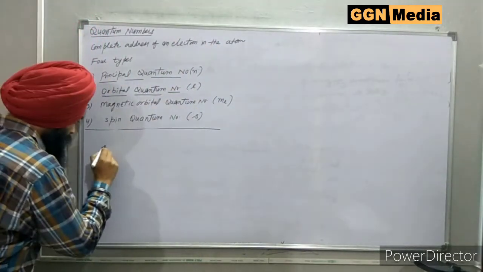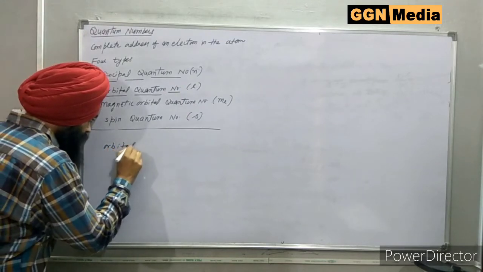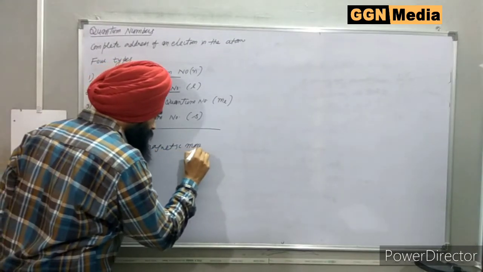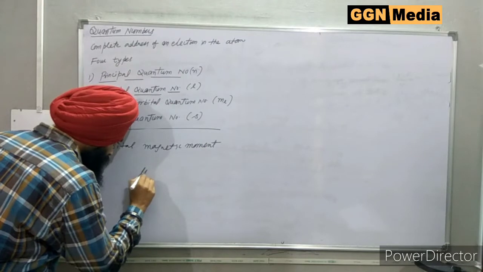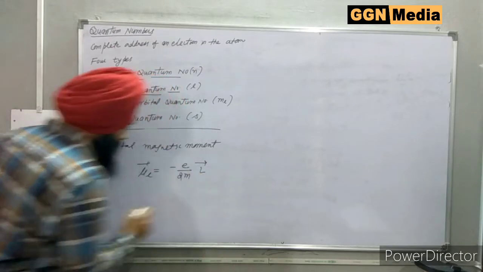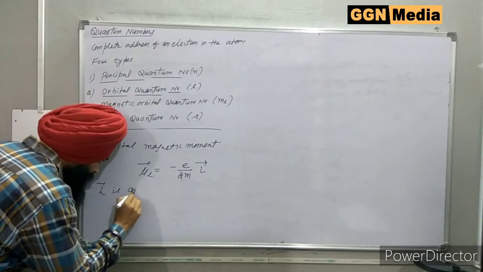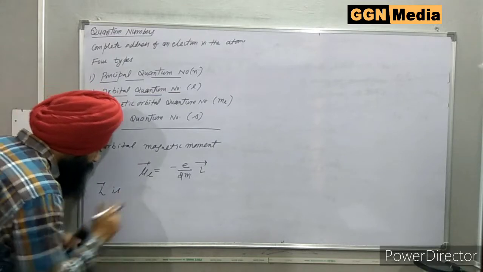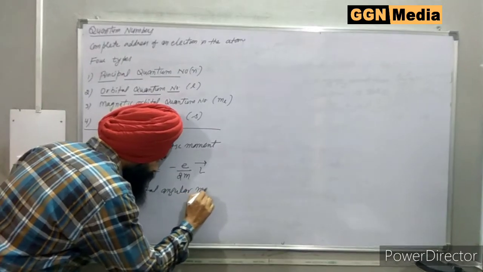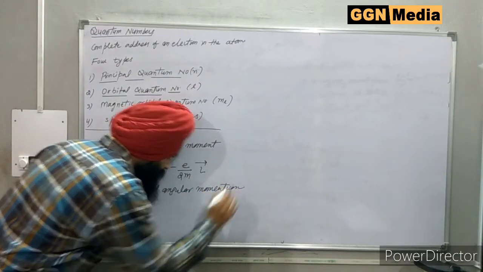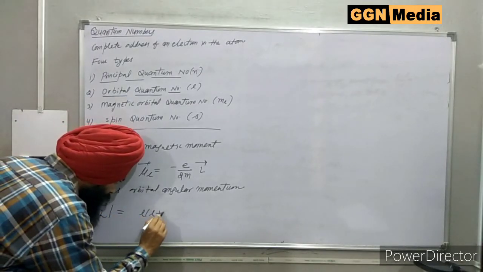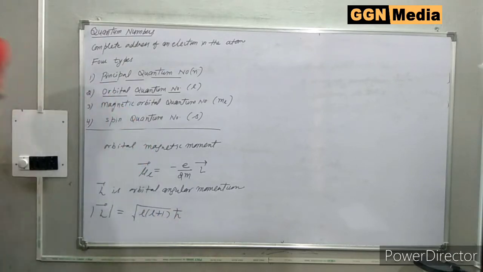The orbital magnetic moment, mu L, is equal to minus e upon 2m into L. Here L is the orbital angular momentum, and its magnitude is square root of L into L plus 1, into h cut.